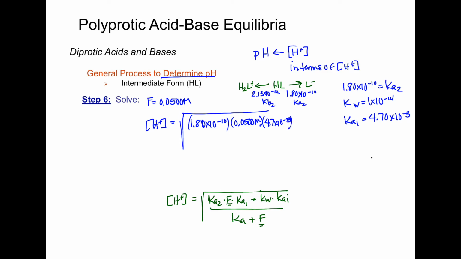Then we have 1 times 10 to the negative 14 and 4.7 times 10 to the negative 3. It's getting a little messy there, sorry. And we have our Ka1 on the bottom, 4.7 times 10 to the minus 3 plus 0.005. Oh, sorry. Too many zeros in there.